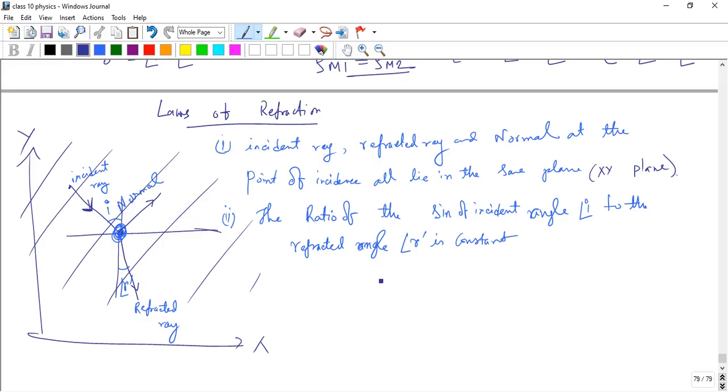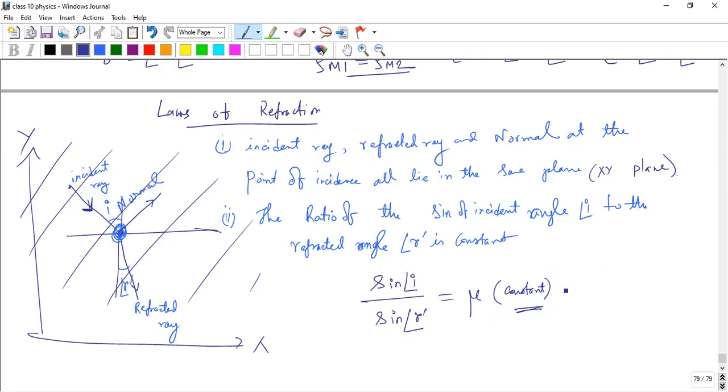Mathematically, sine i by sine r is equal to a constant, and the name of that constant is mu.